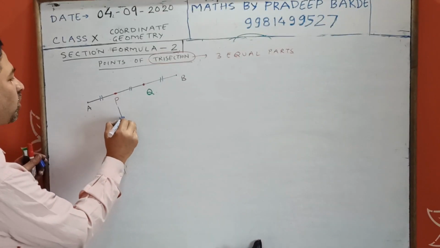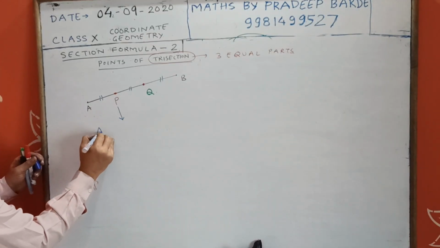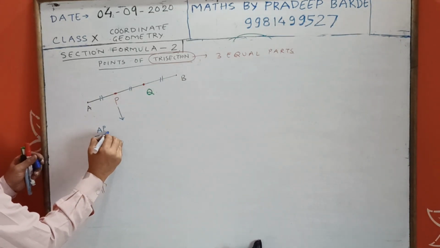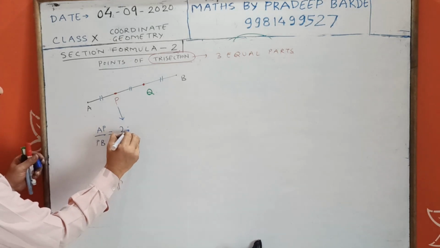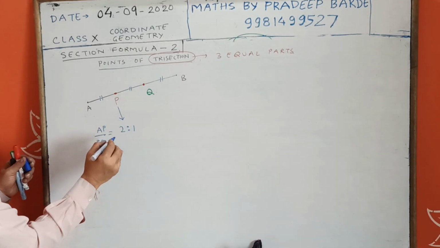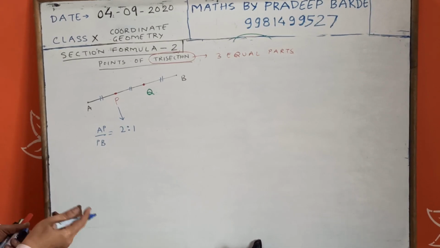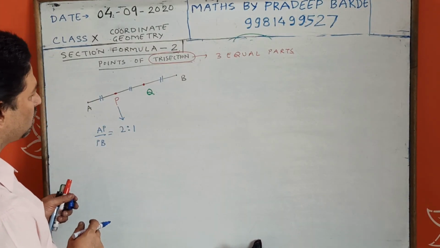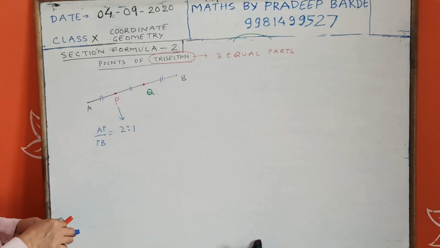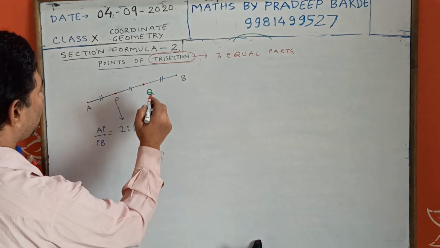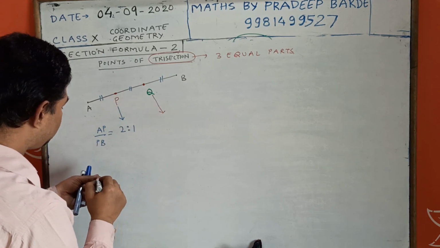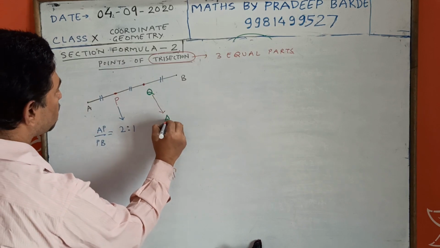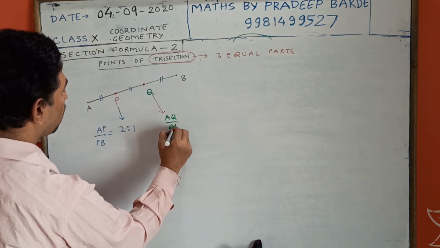To find out the coordinates of point P, the ratio will be taken as AP upon PB. तो बच्चों रेशियो अप्लाई करके आपको सेक्शन फॉर्मूला अप्लाई करना है. ठीक है. देन फॉर द अदर पॉइंट Q, now the ratio will be taken as AQ upon QB.